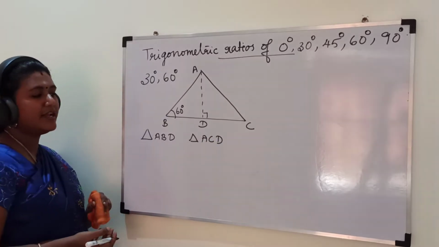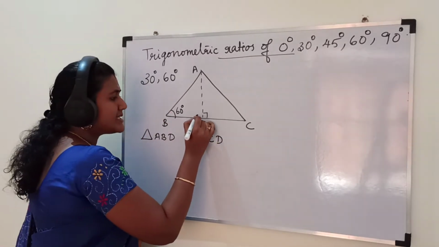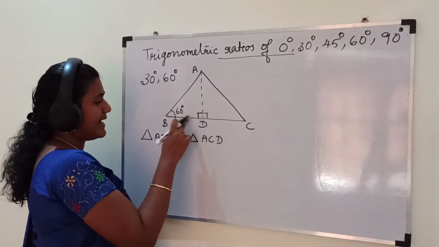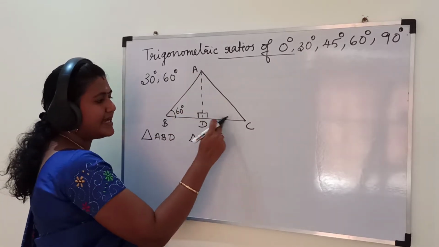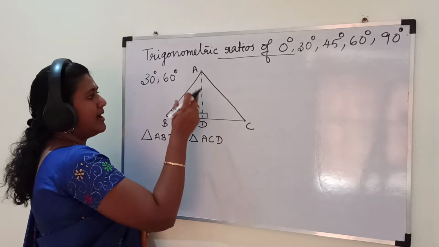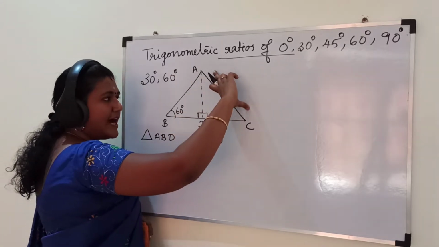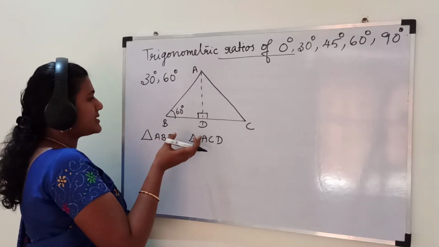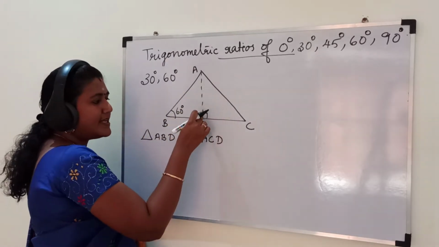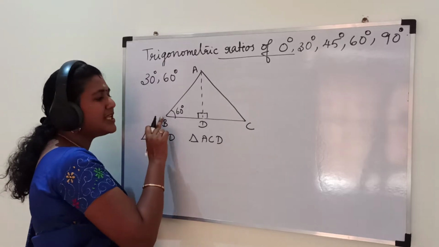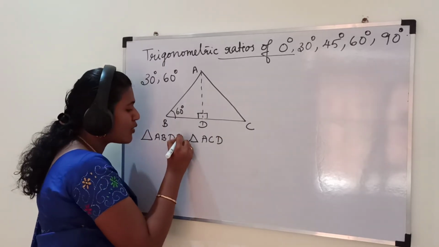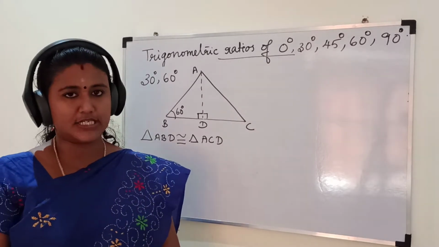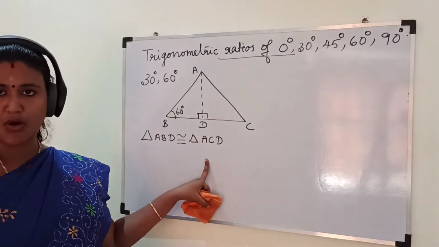In both triangles, angle ADB and angle ADC are 90 degree. And AB and AC, the hypotenuses, are equal since it is an equilateral triangle, and AD is the common side. So these two triangles are congruent using RHS congruence criteria.